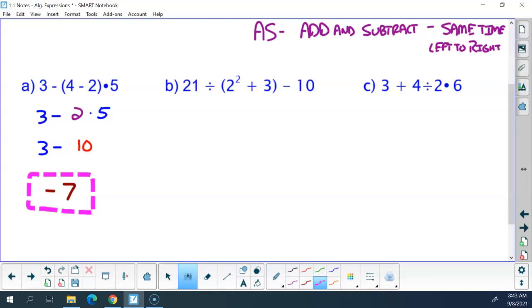On B here, we're going to do the parentheses first. The parentheses, then we have exponents inside the parentheses. So we have to do that part first. So this is really 4 plus 3. And then 4 plus 3 is 7.